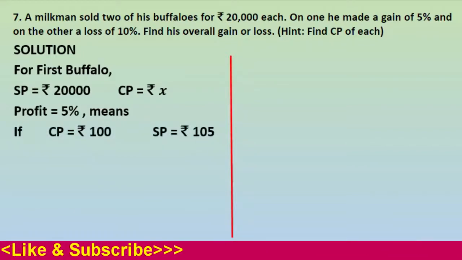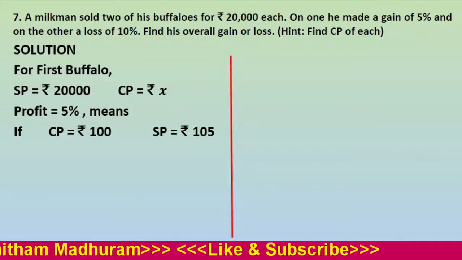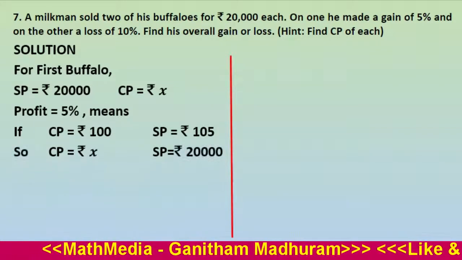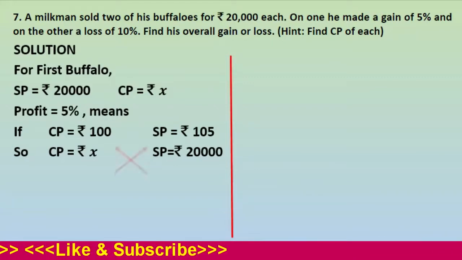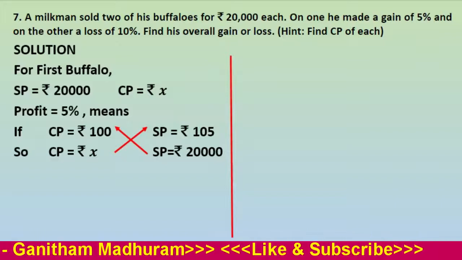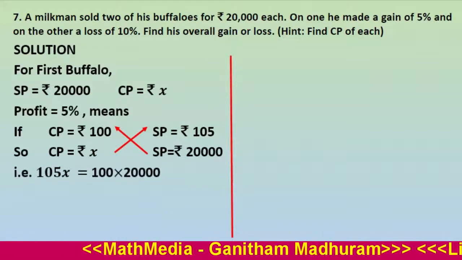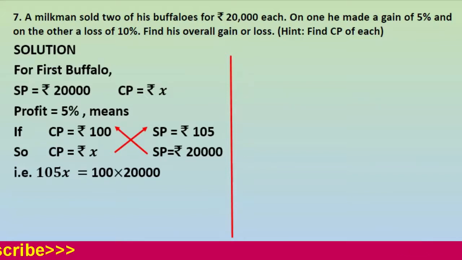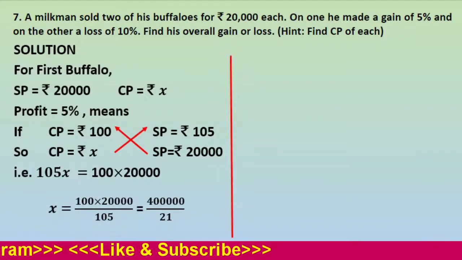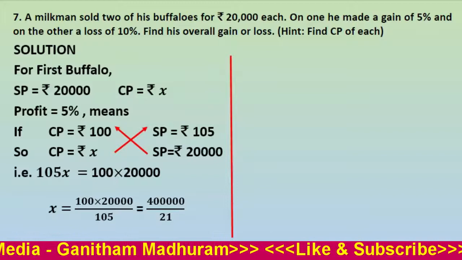Now we can come to our question. Our CP is rupees X and SP equal to rupees 20,000. Now what is the next? Yes, we have to do cross multiplication. So 105x equal to 100 into 20,000, or x equal to 100 into 20,000 upon 105.